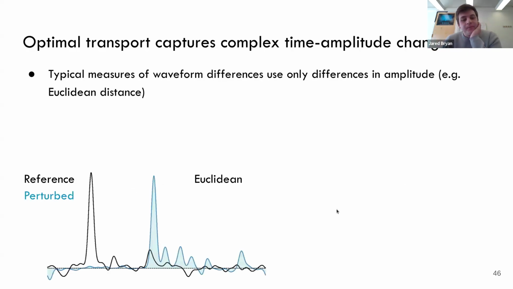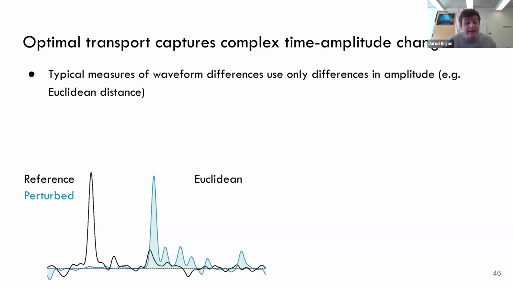Okay, so fundamentally what we're trying to do is measure the difference between two signals. We have some reference signal and we have some signal that has been perturbed in some way. So how do we do that in a way that lets us accomplish our goal of measuring the seismic velocity changes?